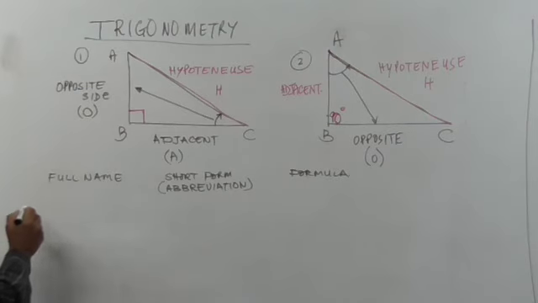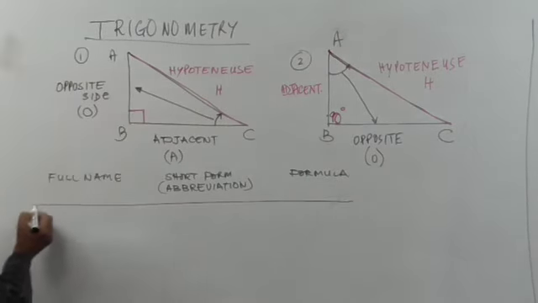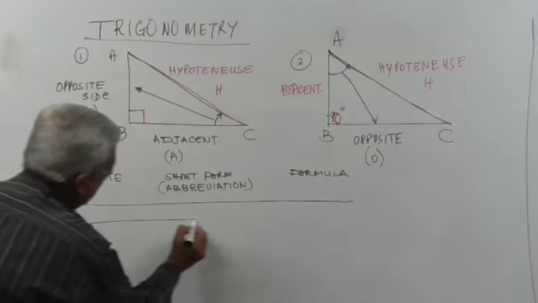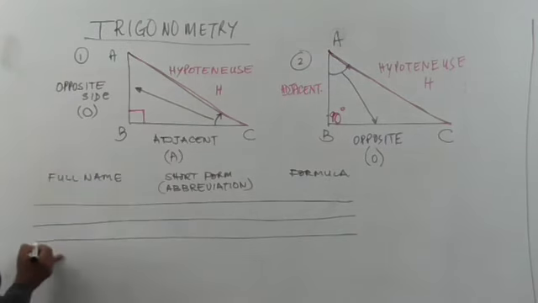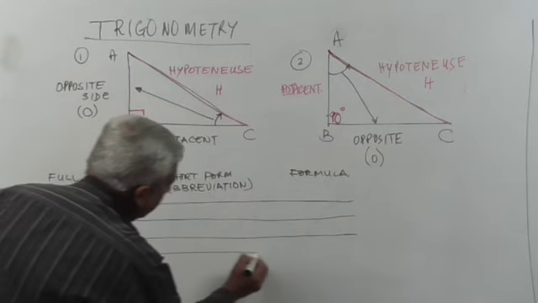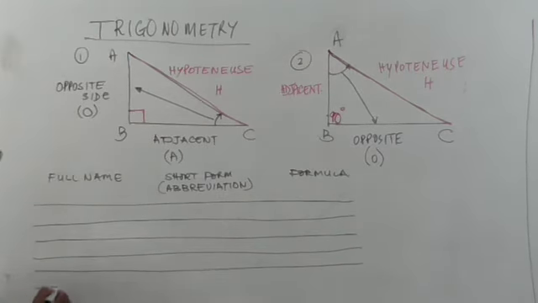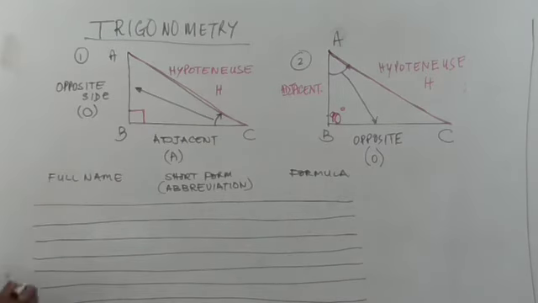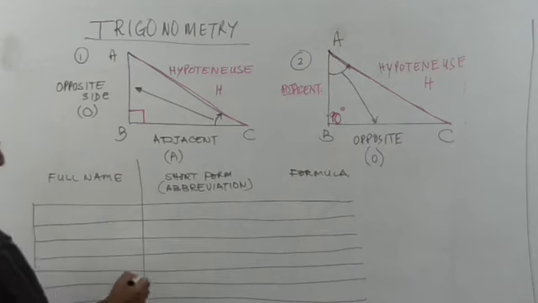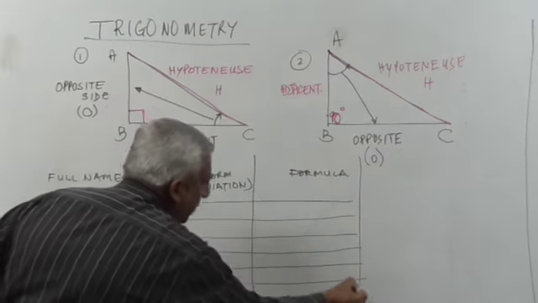Let's draw in some lines here: 1, 2, 3, 4, 5, 6. Now, what is the full name, what is the abbreviation, and what is the formula?